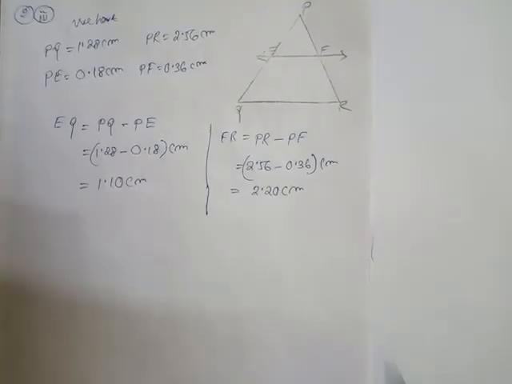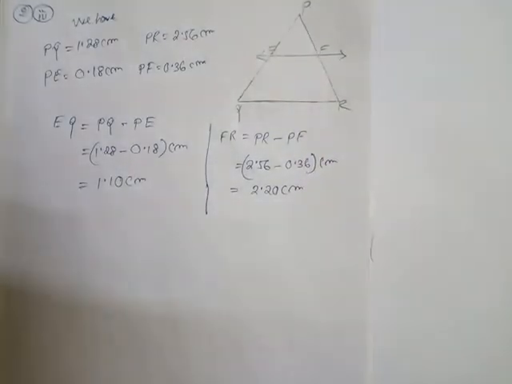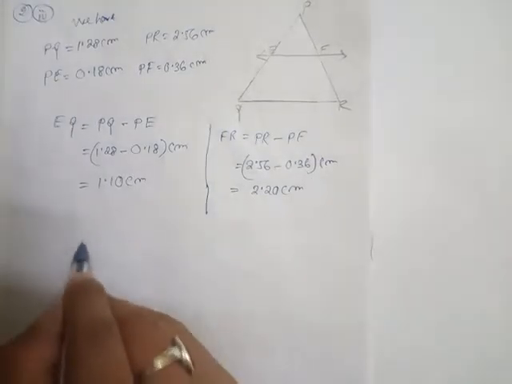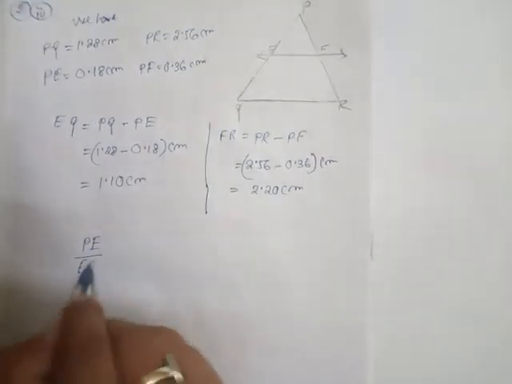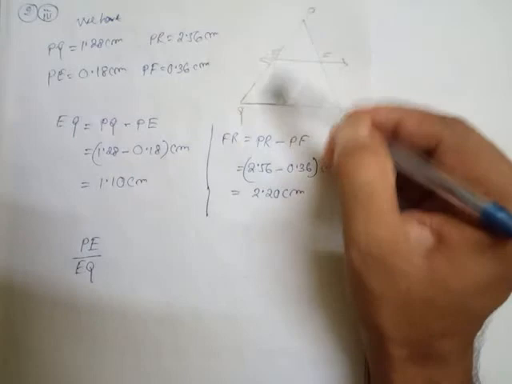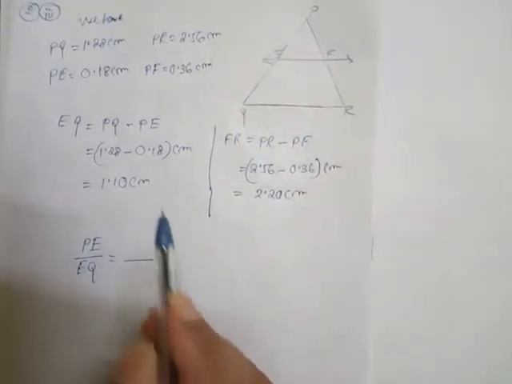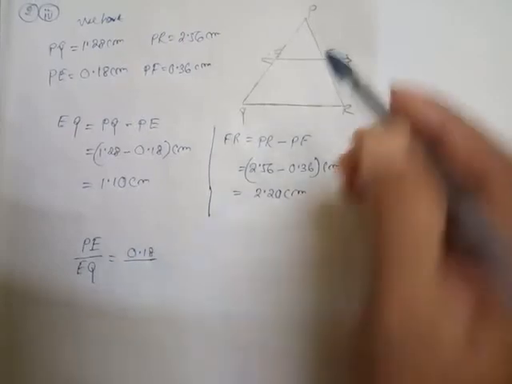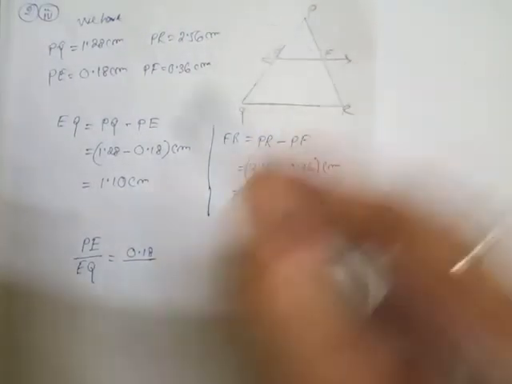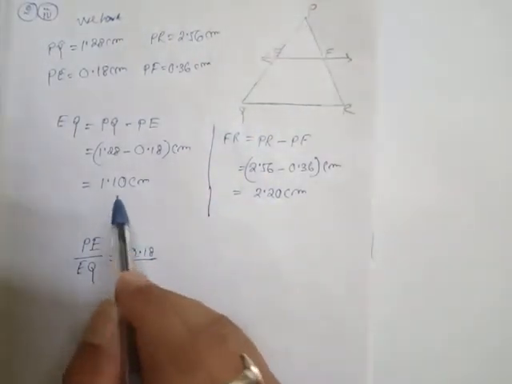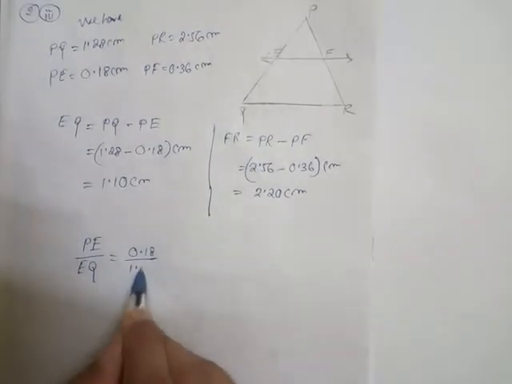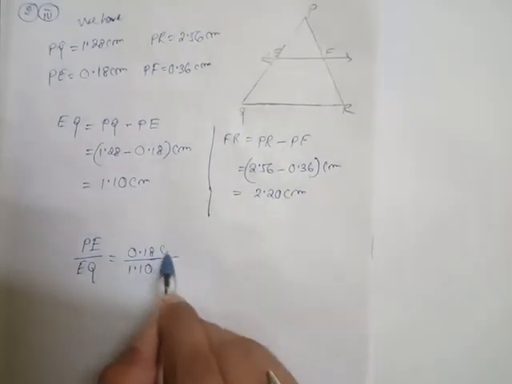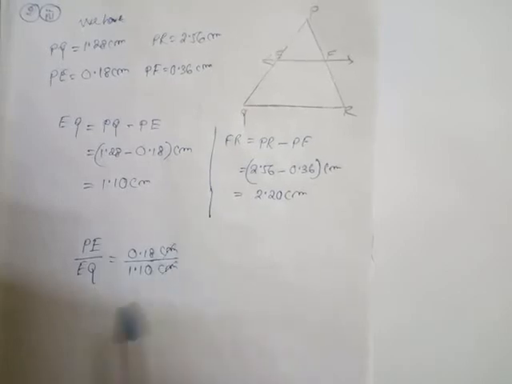Now look, we are going to apply that which we did in the last two sums. Now here, PE by EQ. So PE by EQ, what is the value of PE here? Value of PE is 0.18 and value of EQ is 1.10, cm and cm, these two cancel.